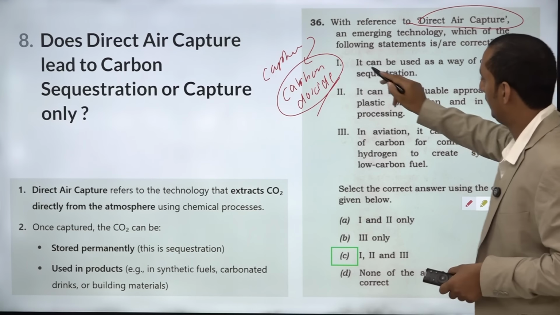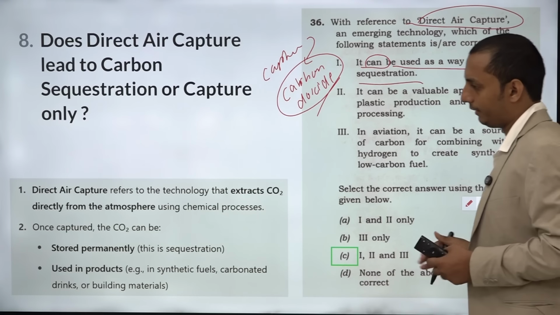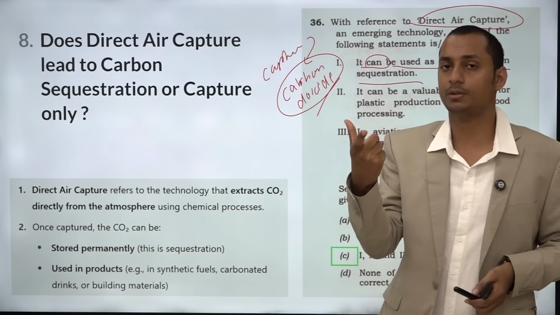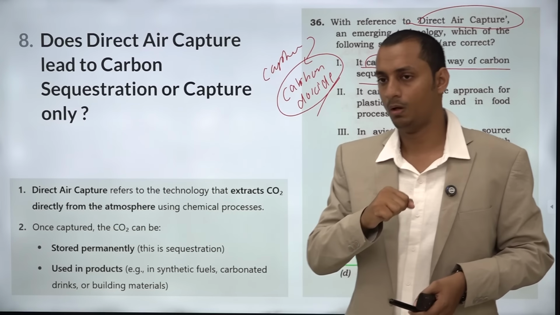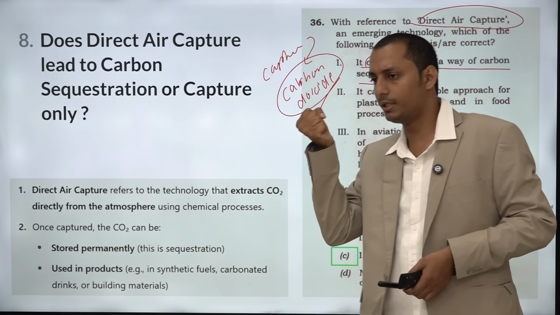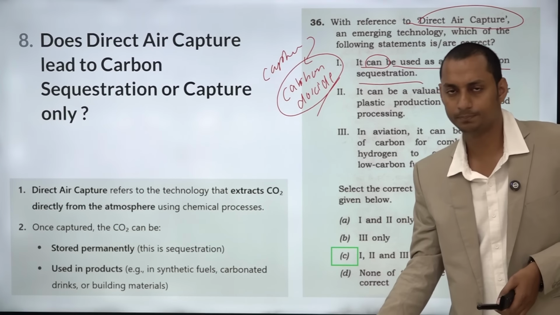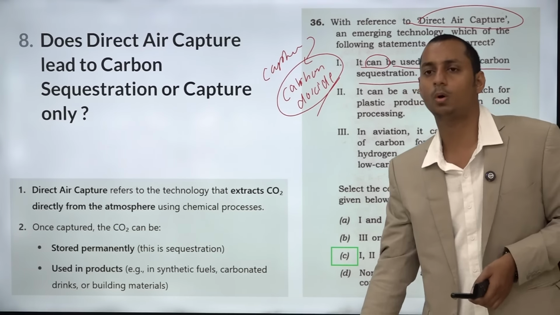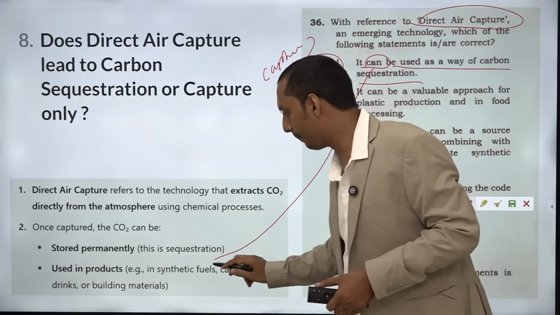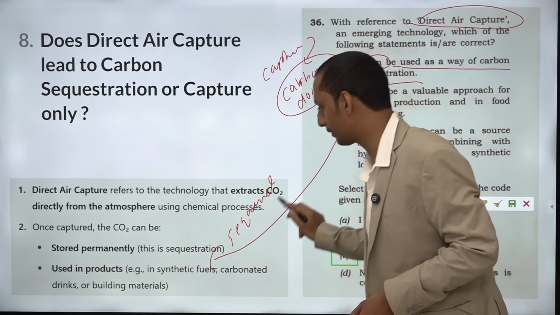Now the first statement says it can be used as a way of carbon sequestration. Now let me tell you, if you capture the air, does it directly lead to carbon sequestration? The answer is no. But after capturing, we can take that carbon dioxide and place it under a well, or under the ocean. Therefore, the captured carbon can be sequestered in the long term.